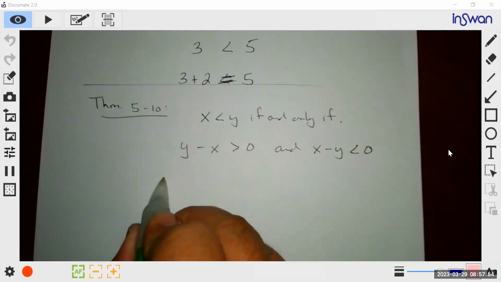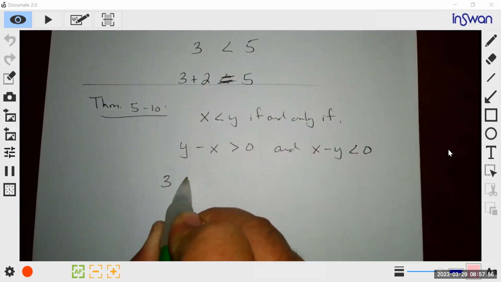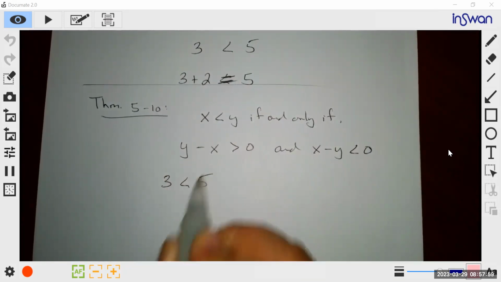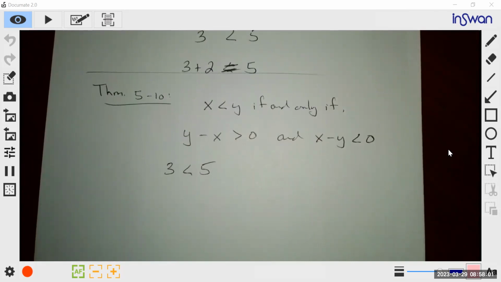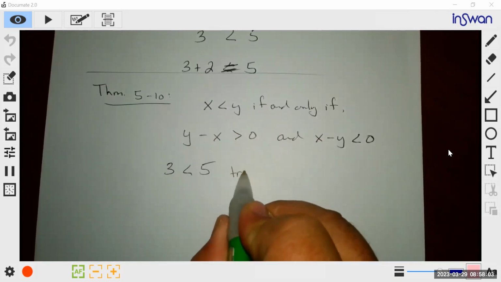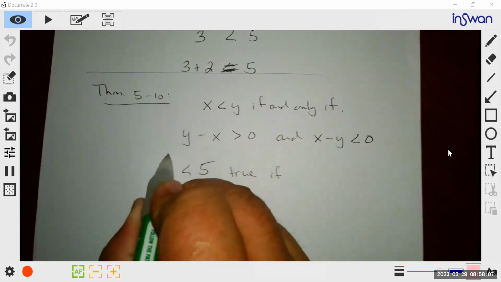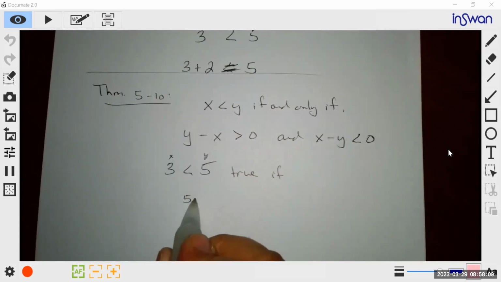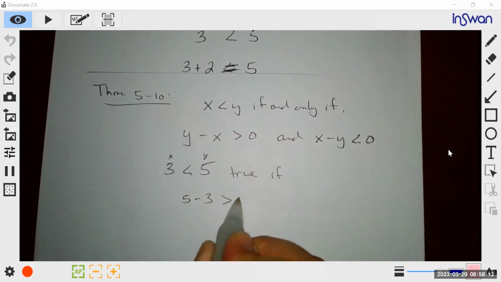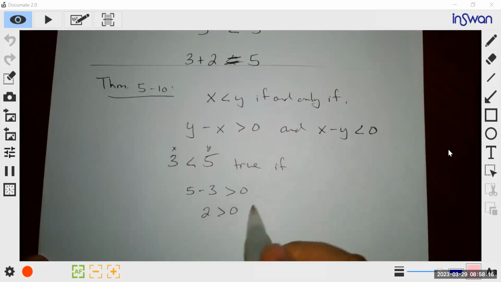Let's look at this. 3 is less than 5. That's true if this is x and this is y. 5 minus 3 is greater than 0, that's true.